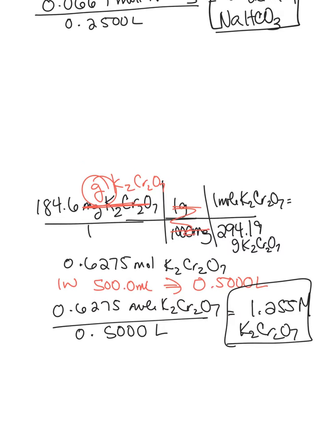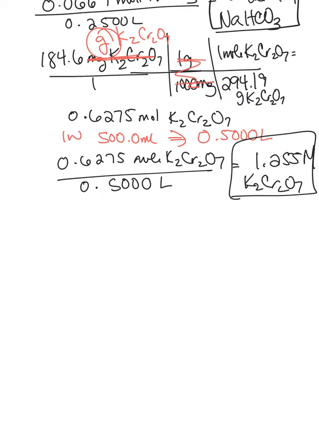And the last problem I have is 75.0 milliliters of ethanol. So now we have the density, and density is 0.79 grams equals 1 centimeters cubed.